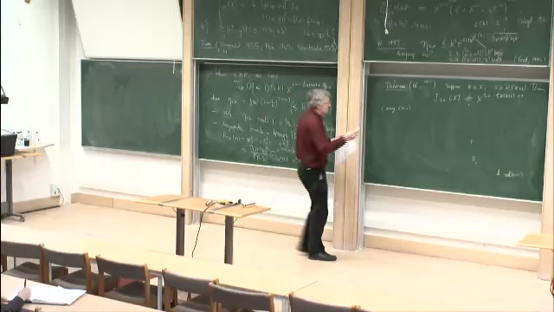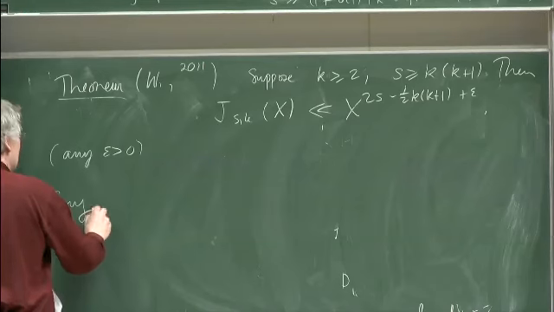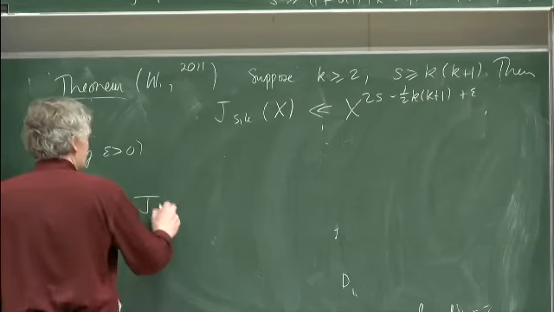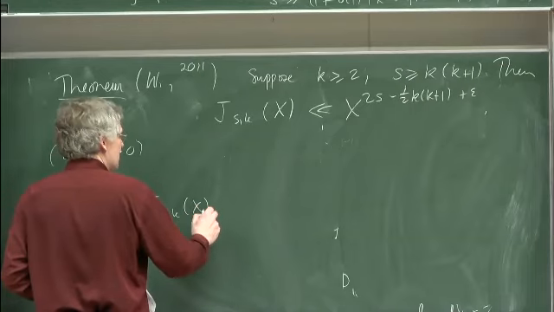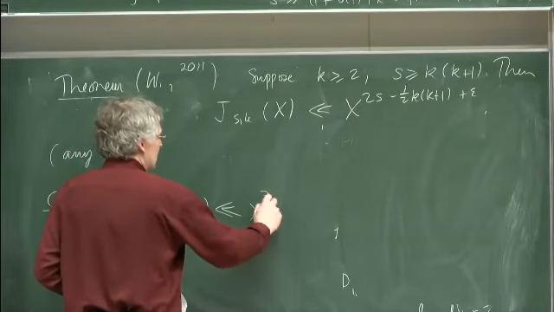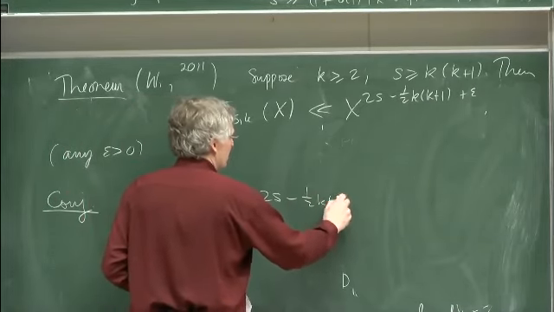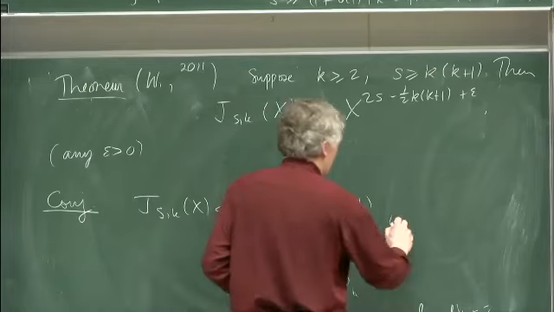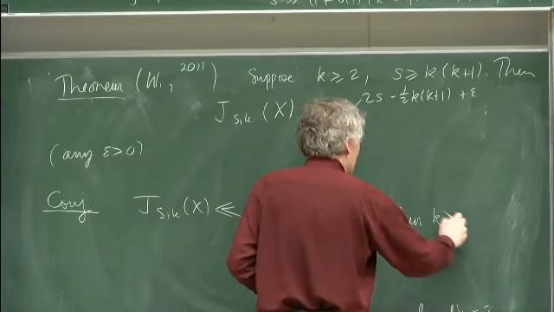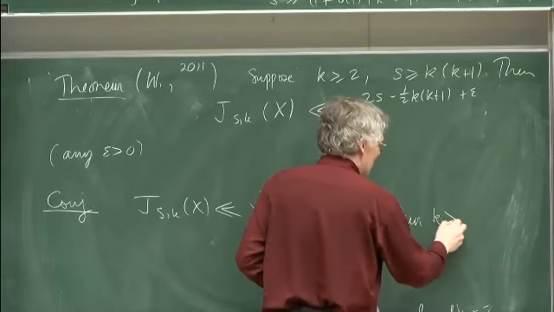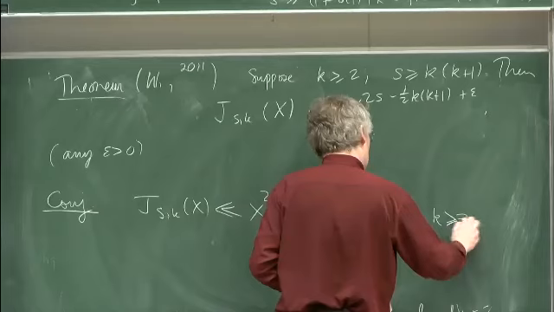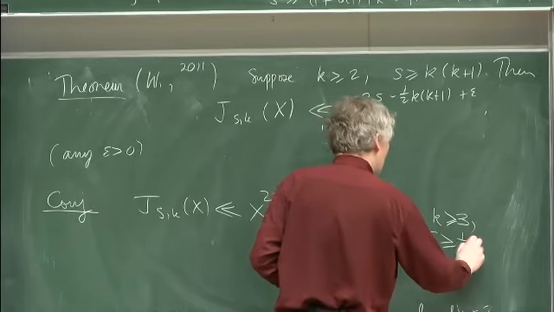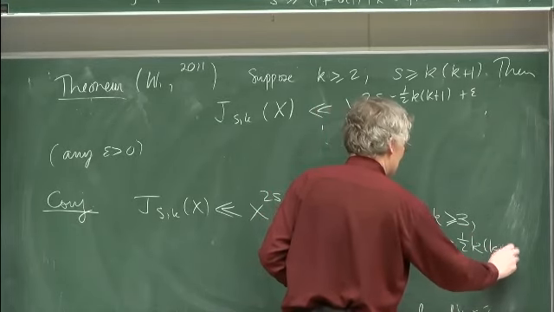And maybe I should mention that the conjecture is that this object, well, but we should have the same sort of result without the epsilon when k is at least 3 and s is at least a half times k plus 1.